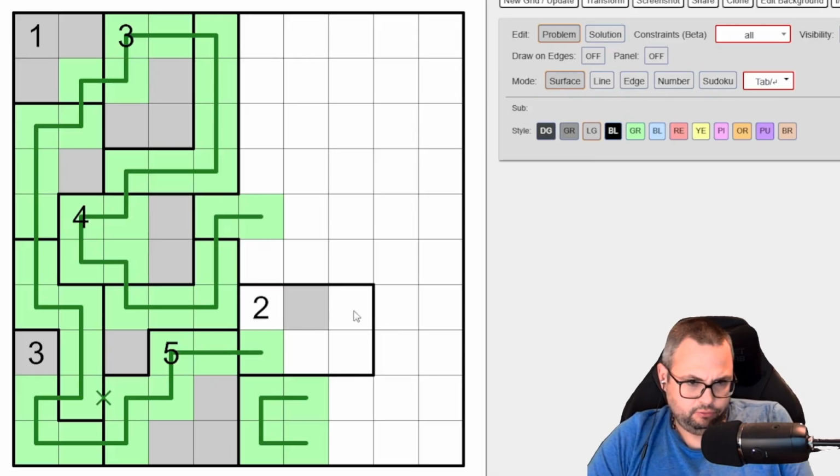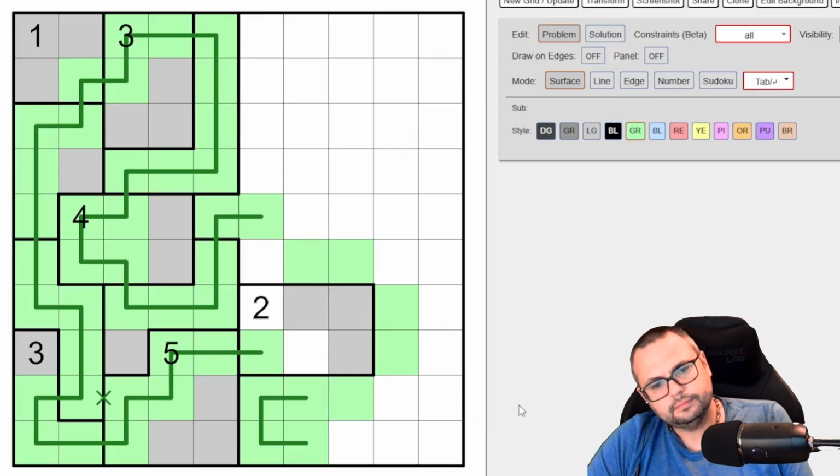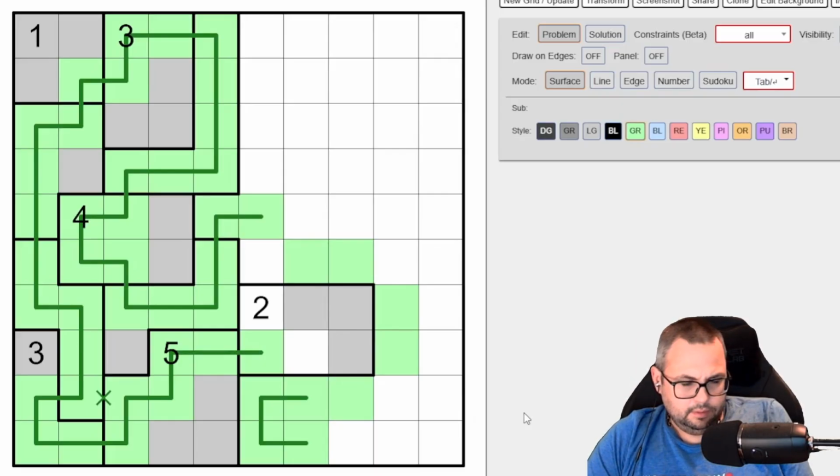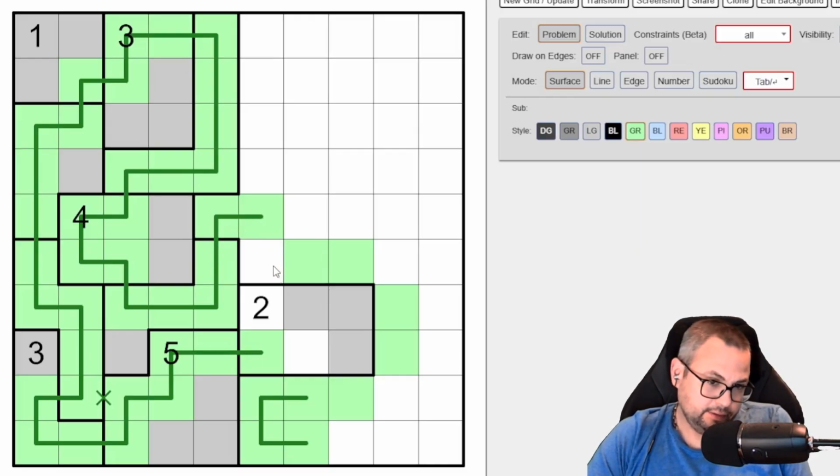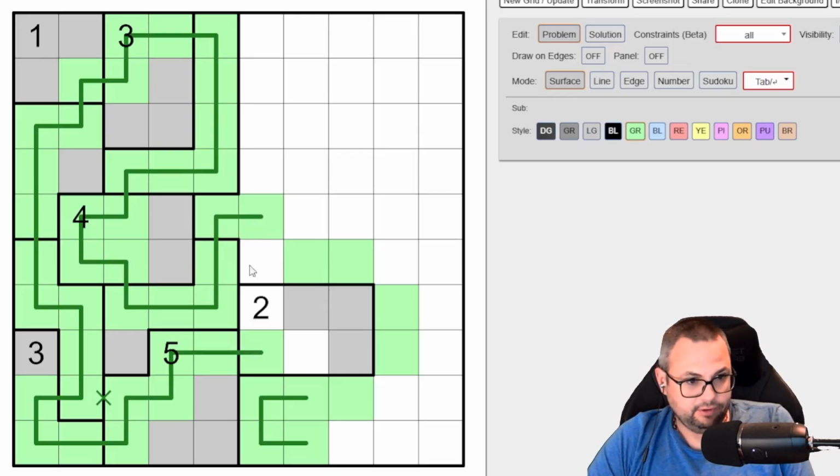Okay, so if that's true, we're never visiting any of those, so we're visiting all of these regardless. And that one. Okay, as long as these 3 cells are in the same country, that's certainly enough to tell us that this 5 doesn't go this way, because again, that would prematurely close the loop.